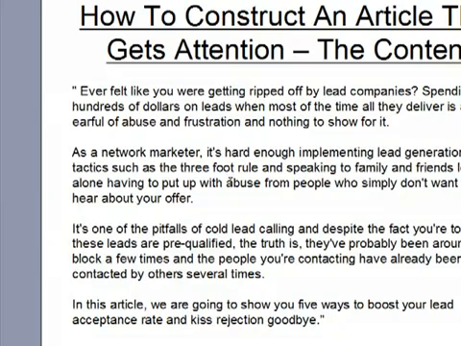So if someone is having that problem, they're obviously going to identify with your article, and they're going to be interested to read more. And then about the 4th paragraph is where I tell them that in this article we are going to show you 5 ways to boost your lead acceptance rate and kiss rejection goodbye.